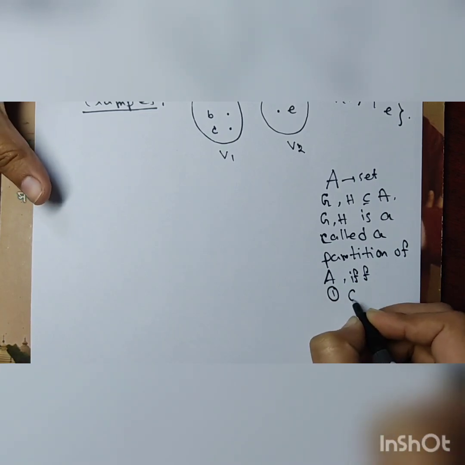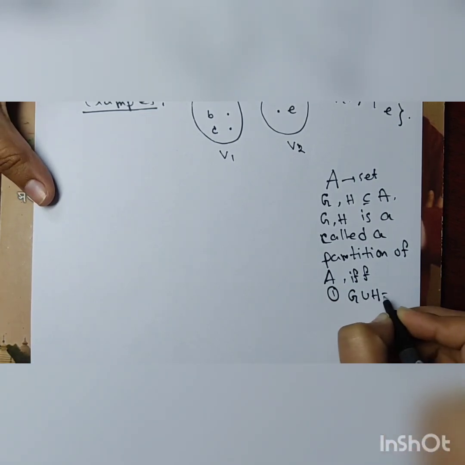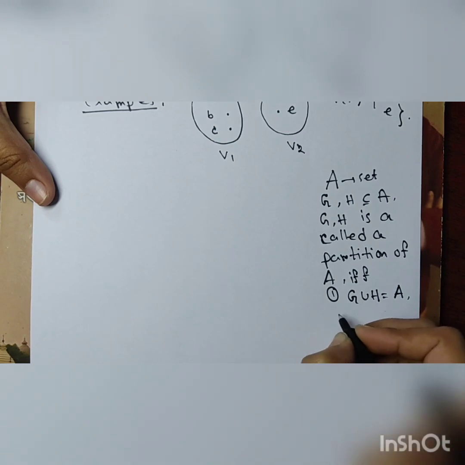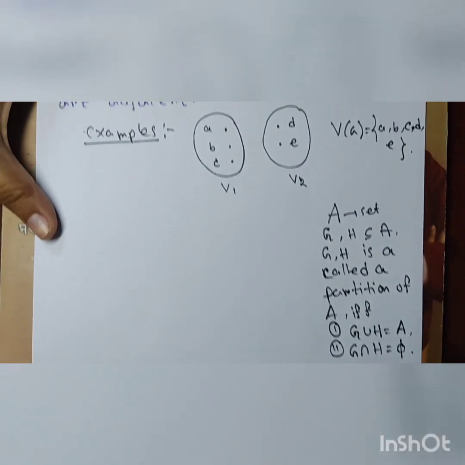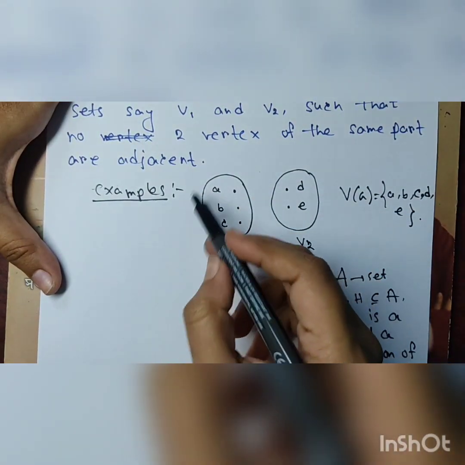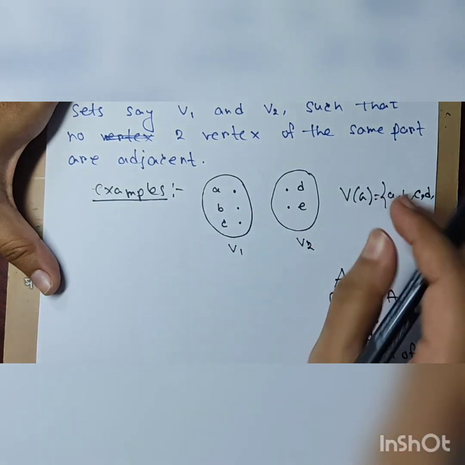Firstly, G union H has to be equal to A, and secondly, G intersection H has to be equal to empty set. That is, taking union of these two sets will give the whole vertex set.